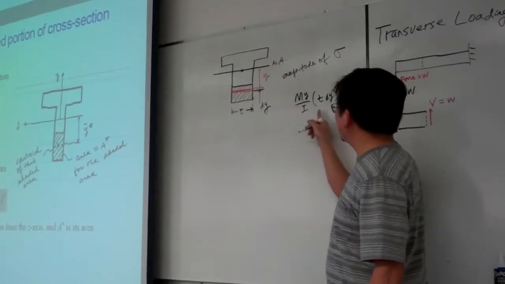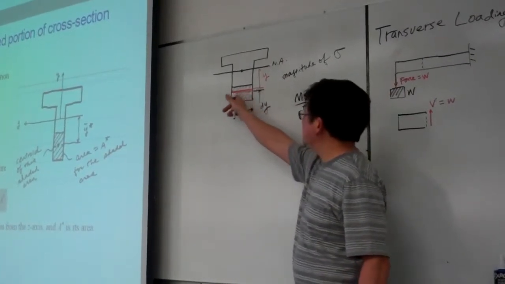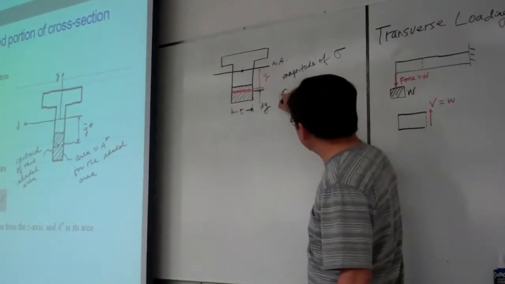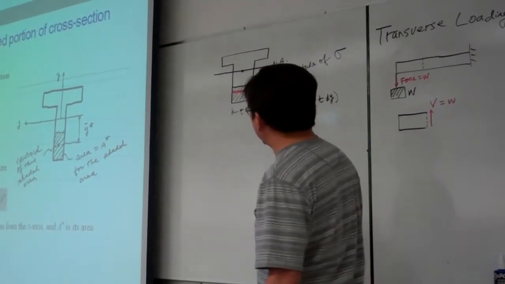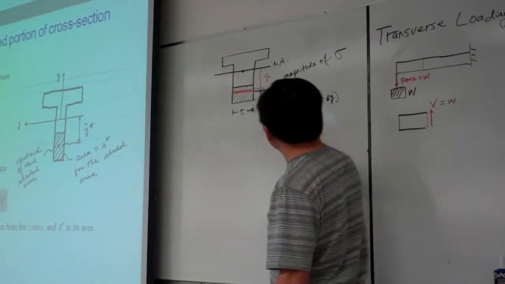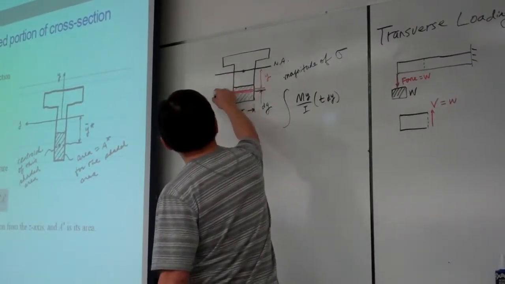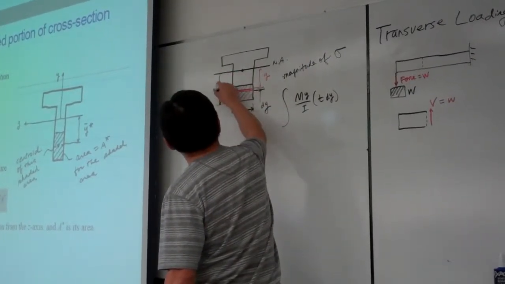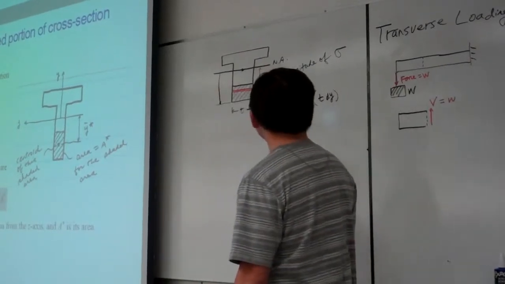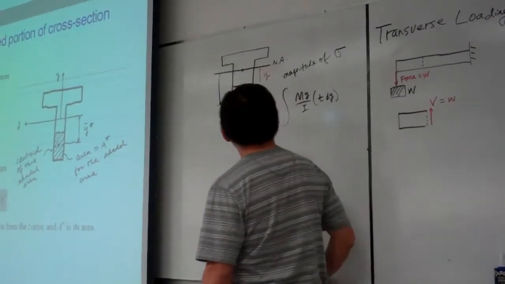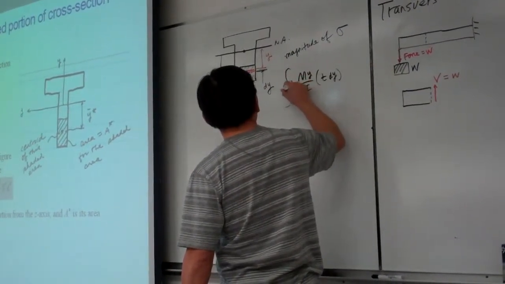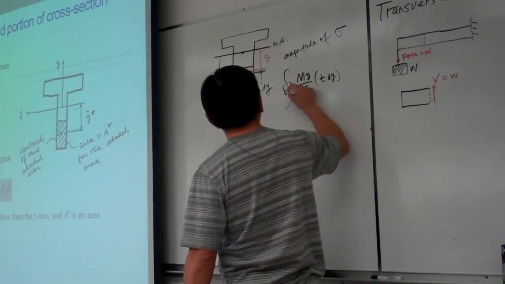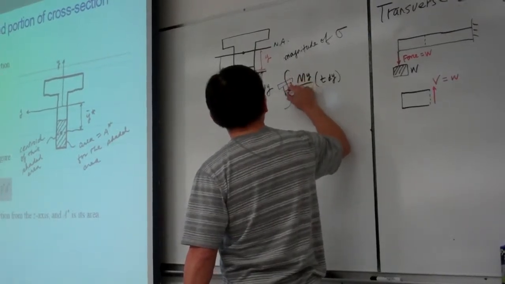So this represents the small force on this small strip, and then we simply integrate from, for example, the bottom to here, whatever it is, and let me take this as the shaded area.